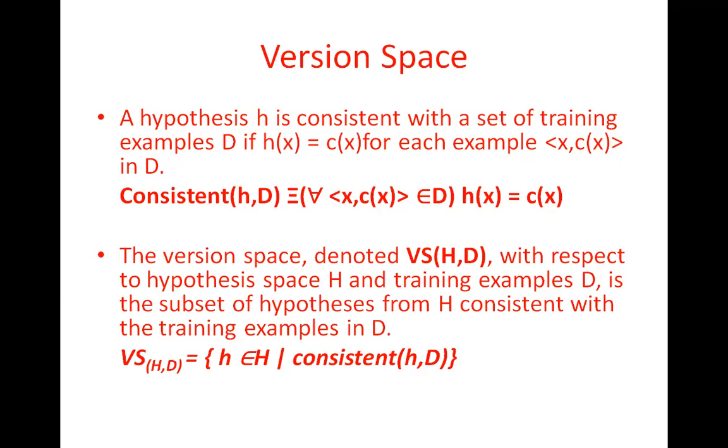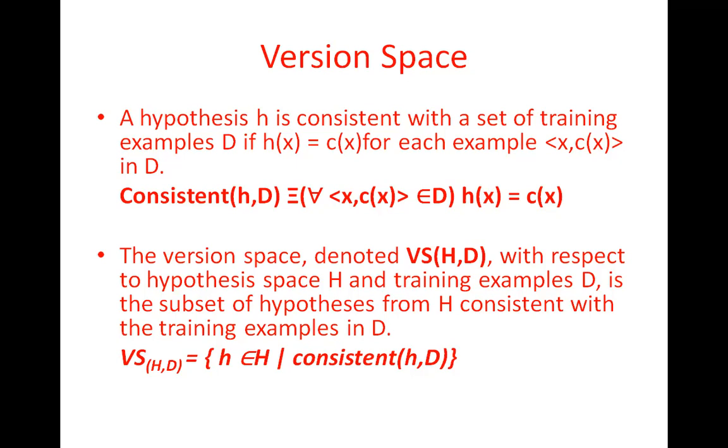If in the first example of the given data set, c(x) is 1, that is positive, true. h(x) means you have a hypothesis and what result that hypothesis gives for this example.